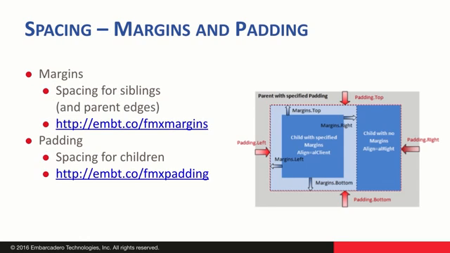Something else that's new in FireMonkey is controls have spacing via margins and padding. So you use margins to set the spacing for siblings, and padding to set the spacing for children. So with padding, when you put a control down and put a control on it, and you set that control to, for example, client alignment, it will align all but for the padding.